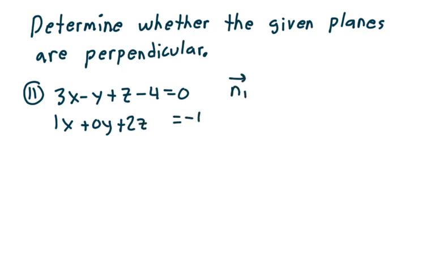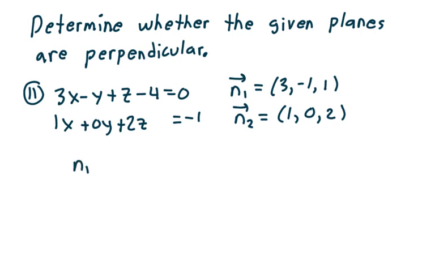So n1 is the vector (3, -1, 1). n2 is the vector (1, 0, 2). So if I take n1 and dot it with n2, what do I get? I get 3 times 1 plus 1 times 2.